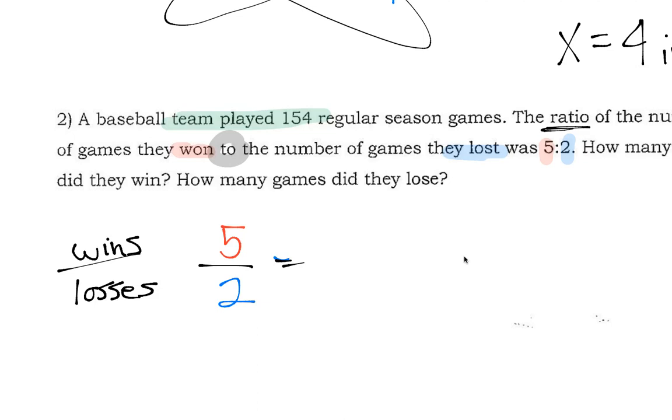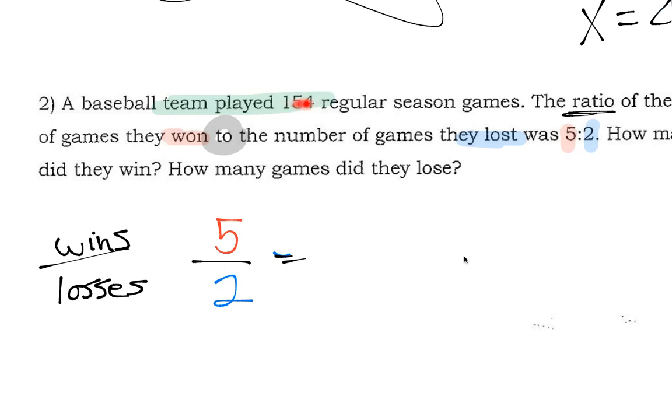So if we have wins on top and losses on the bottom, where would we put the 154? 154 is a combination of the both. A whole season of games is a combination of the both.